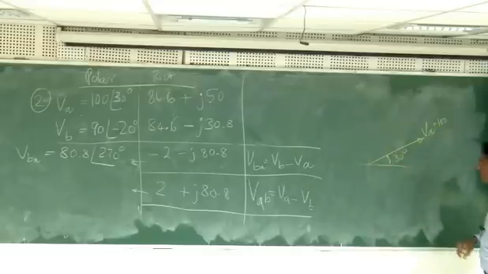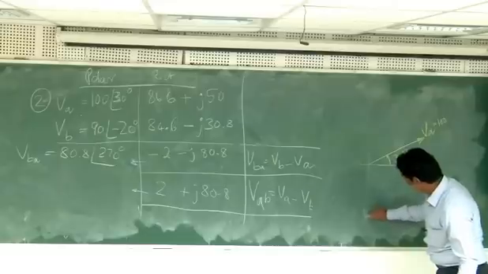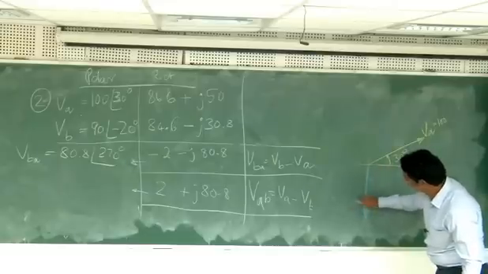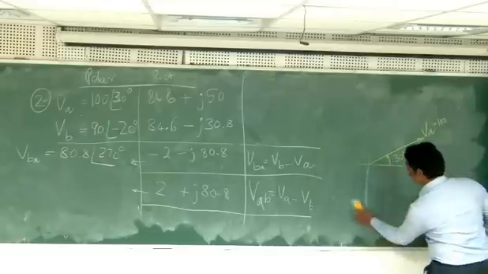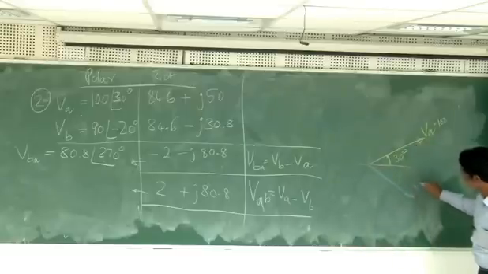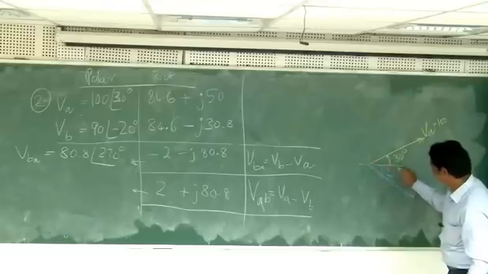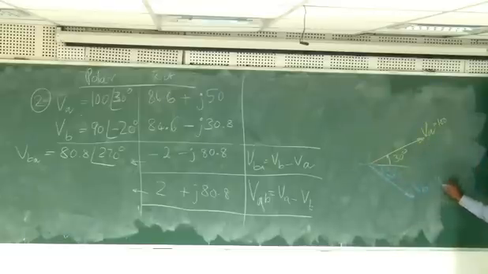Where is VB? This is VB. Oh, sorry, minus 20. So this is 20 degrees and this is 90.